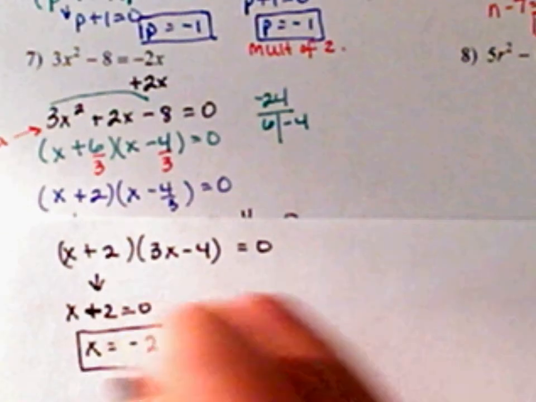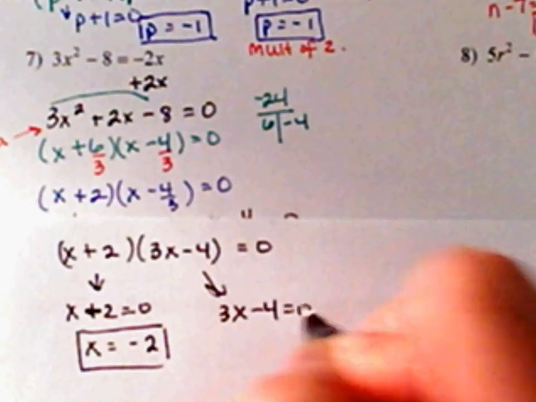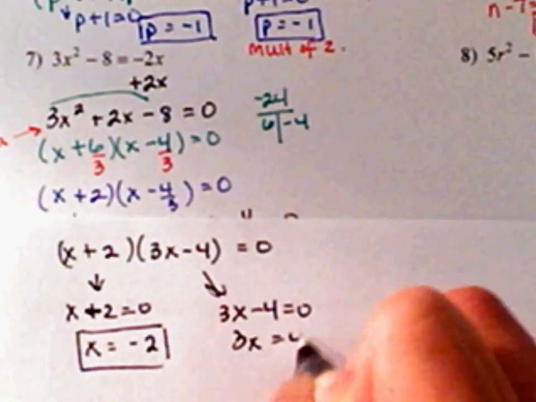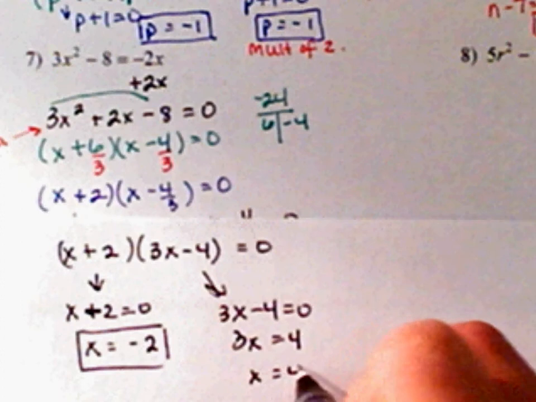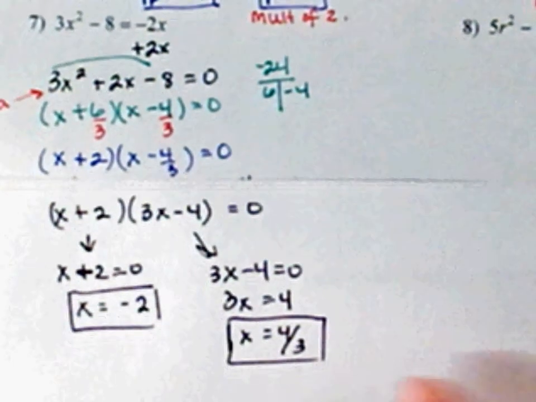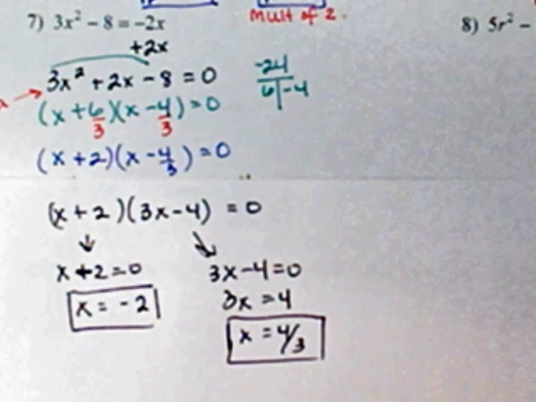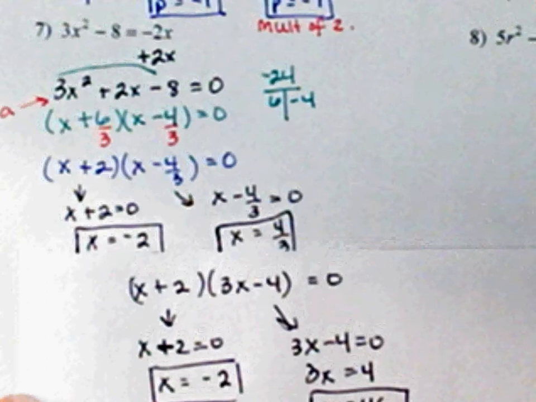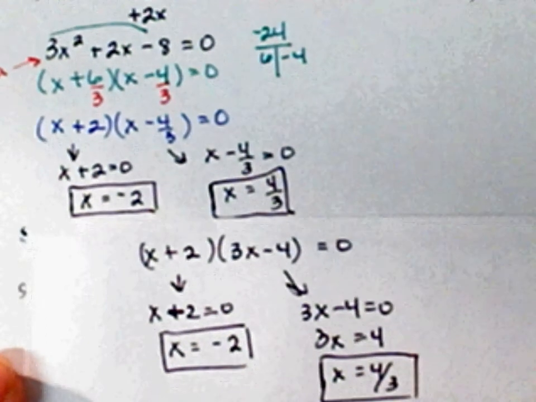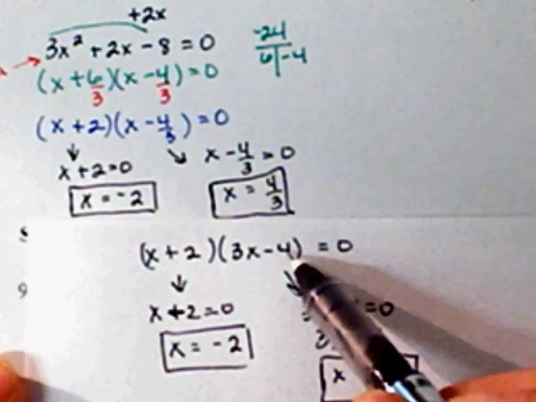Same over here, 3x minus 4 equals 0. You add 4 to both sides, divide by 3. Notice how you get the same answer, but when you're solving, you just have to use that extra step. Whereas this part right here, you can just add 4/3 to both sides. See how you get the same answer? Here's you doing it bottoms up. Here you're almost finished.